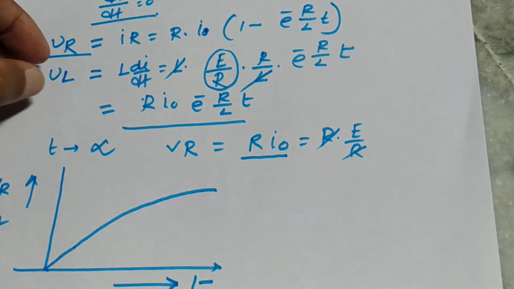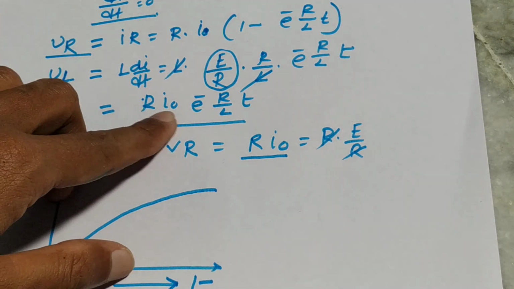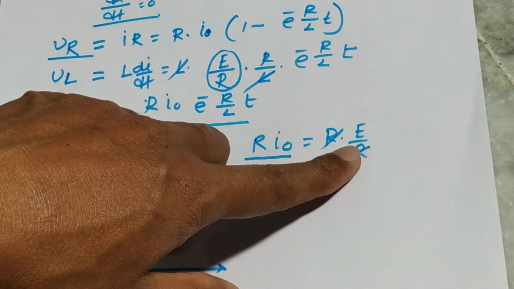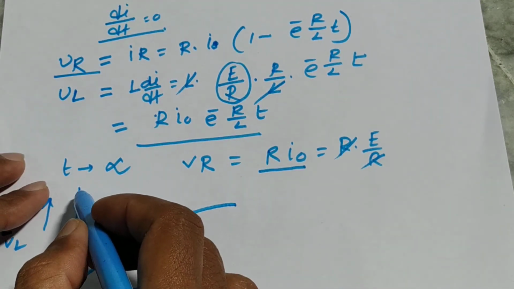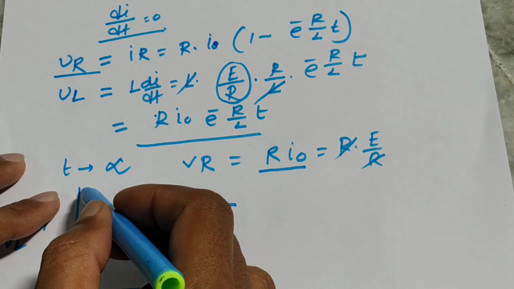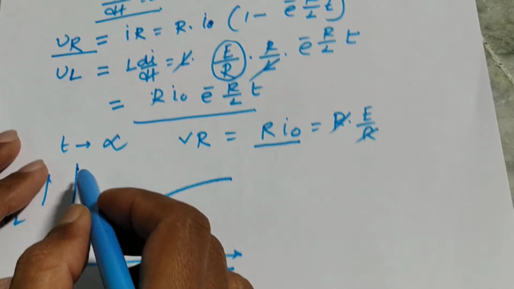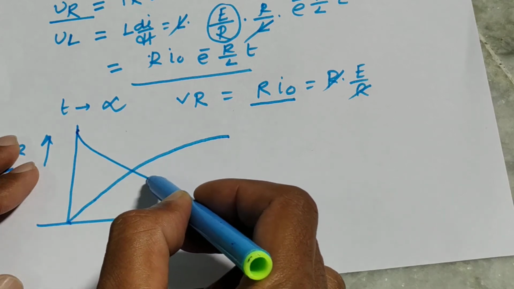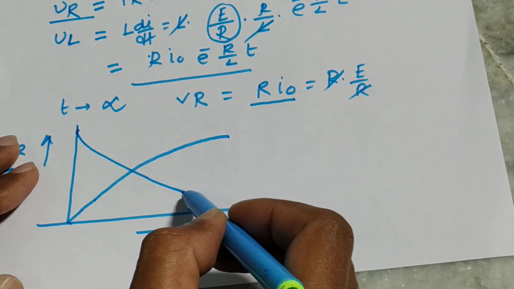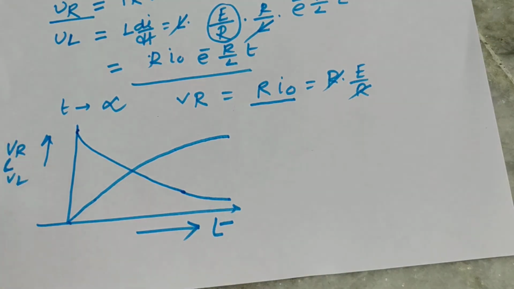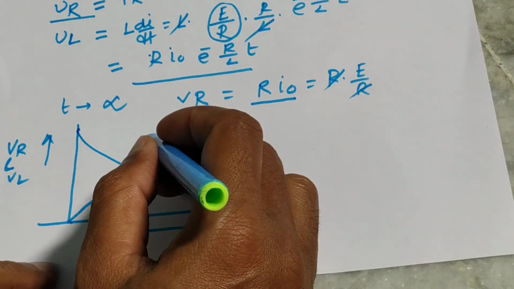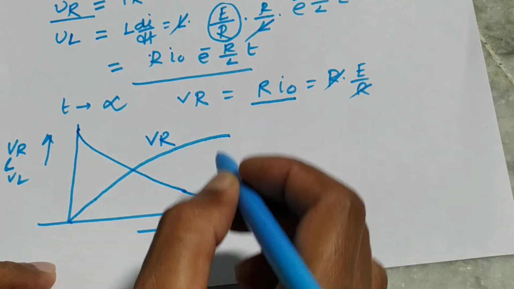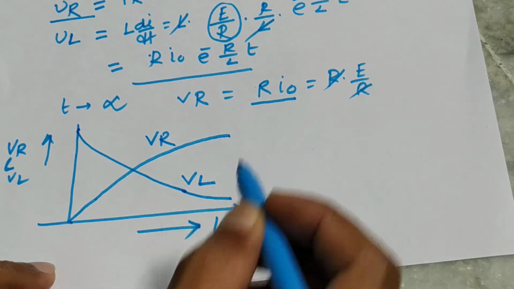So at t equal to 0, the total voltage drop across the inductor is R I0, and this is equal to E. So at t equal to 0 there is maximum voltage across the inductor, and with increasing time, the voltage decreases exponentially. So these are the variations of the voltage across the resistance and inductor.